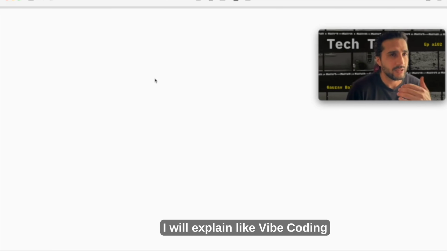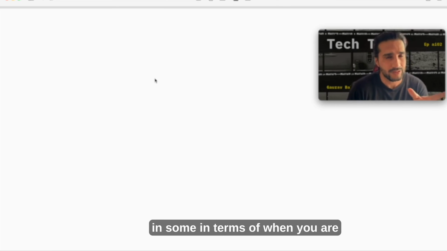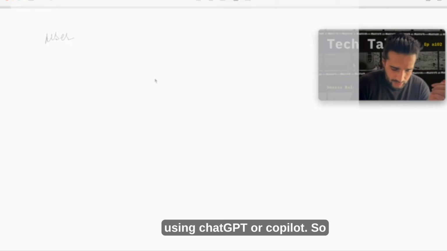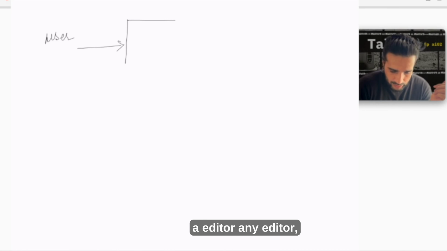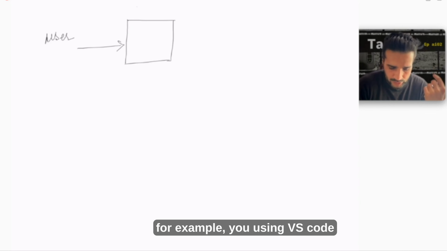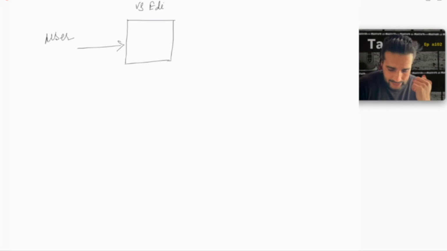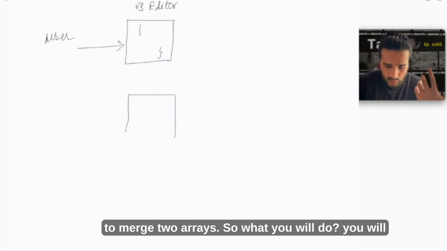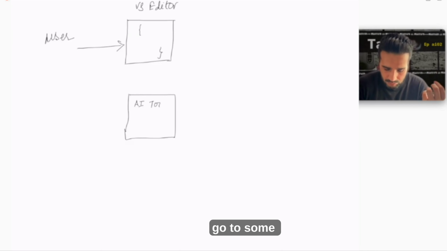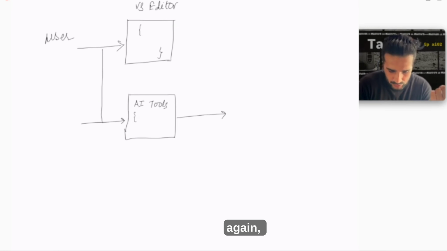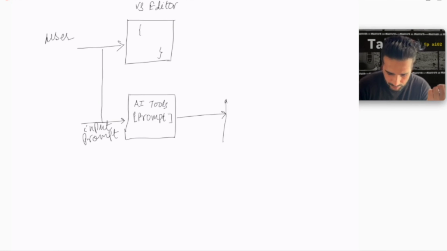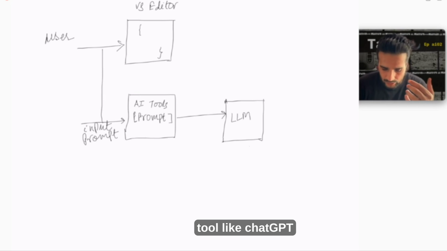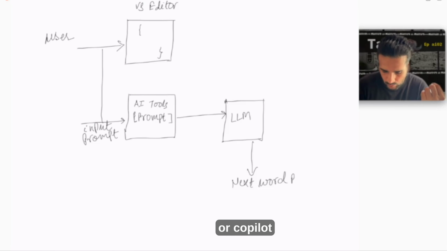So I'll explain vibe coding in terms of when you're using ChatGPT or Copilot. So as a user, you have an editor, any editor. For example, you are using VS Code. Then you need a function that is going to merge two arrays. So what you will do, you will go to some tool, like ChatGPT or Copilot, right?